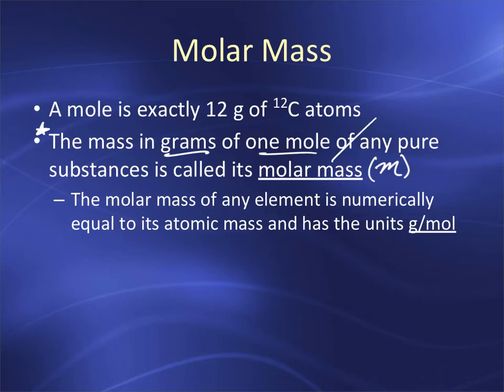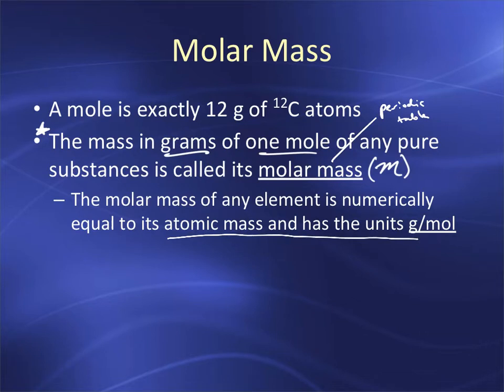And for this, basically you're going to need your periodic table. The molar mass of any element is numerically equal to its atomic mass and has the units grams per mole.